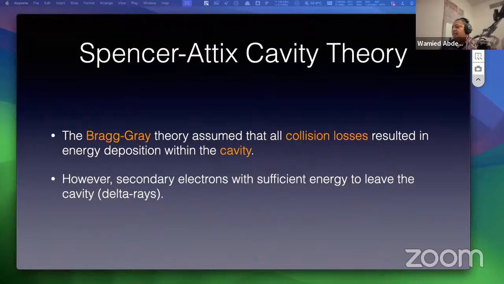So we're talking about the secondary electrons produced in the cavity by the primary charged particles. They may gain sufficient energy to leave the cavity. Thus part of the energy given to them will actually be deposited outside of the cavity. So, in a sense, the Bragg-Gray cavity theory overestimates the dose deposited in the cavity.